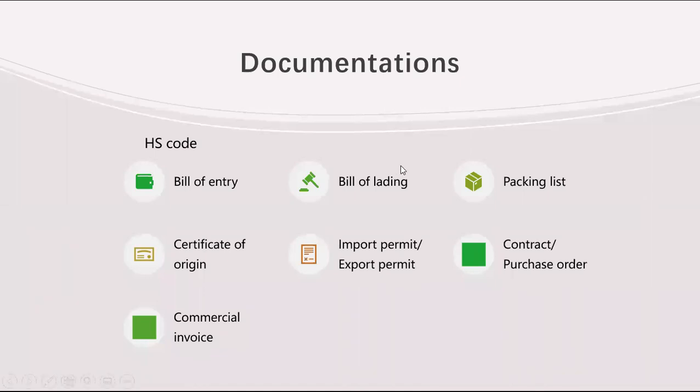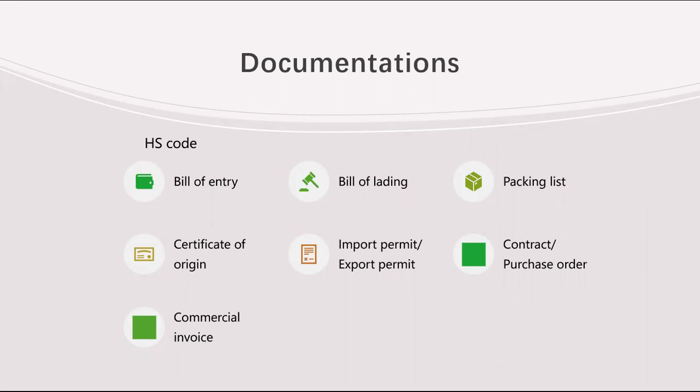The second document I want to talk about here is extremely important: the bill of lading. The bill of lading essentially is the contract between the seller, the shipper, and the deliverer, the shipping company.